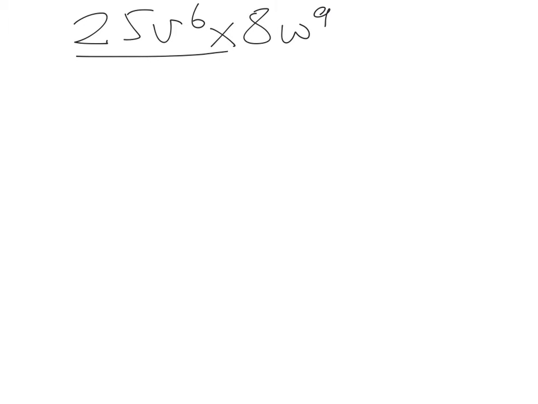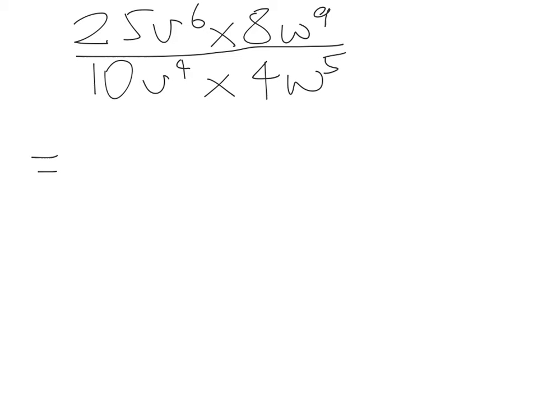In this example, 25v to the power 6 multiplied by 8w to the power 9 is all divided by 10v to the power 4 multiplied by 4w to the power 5. You can see there's a mixture of numbers and letters.